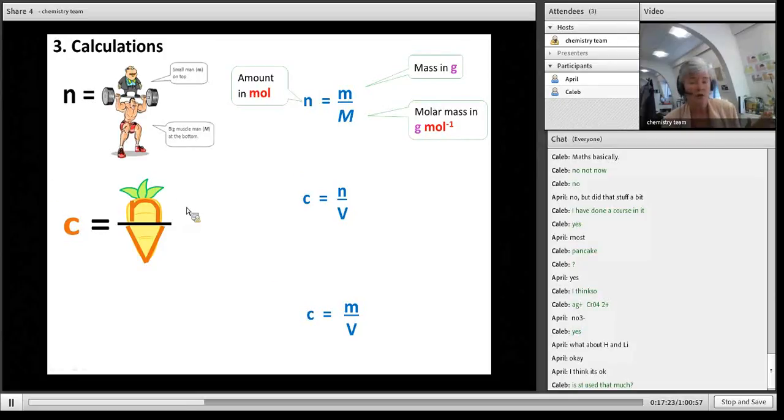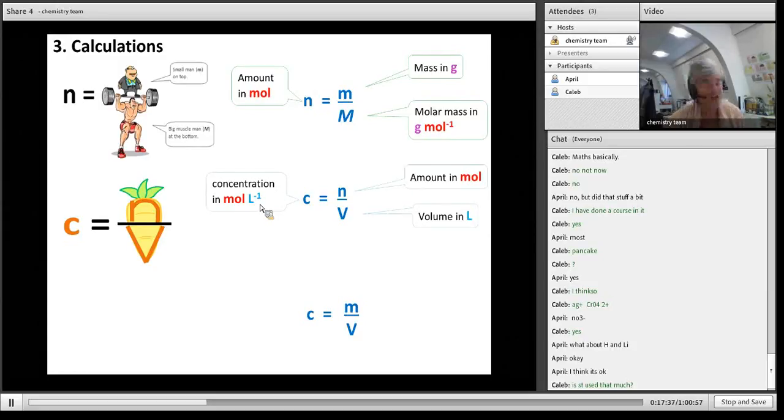Then think for concentration, think of a caret, okay, to get the N over V, and those are the units for concentration. The important thing is moles per liter. So sometimes they sort of trick you and they say they dissolve this much in 500 milliliters. Remember, you've got to then convert to liters. So just be aware of that.